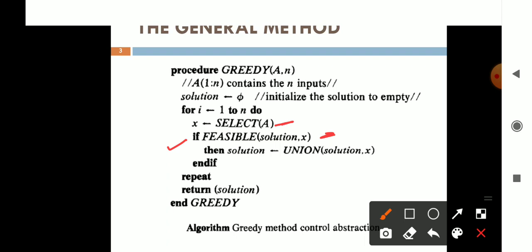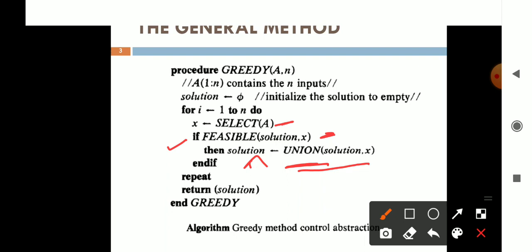If it is feasible, then it will be included into the solution set. So if x can be included into the solution vector, union actually combines x here with the solution and updates the objective function. It will update the objective function here.